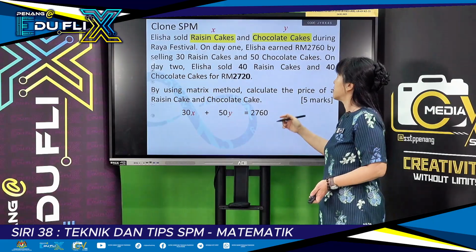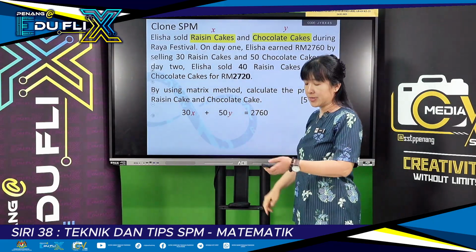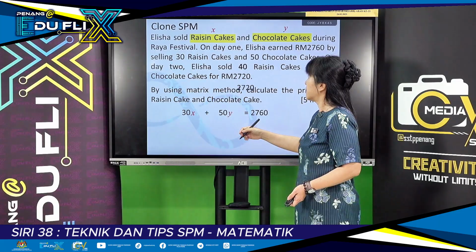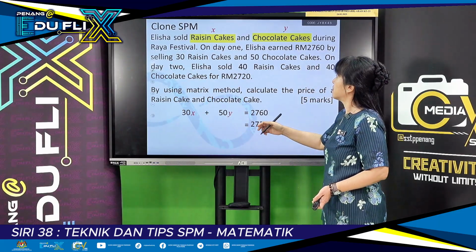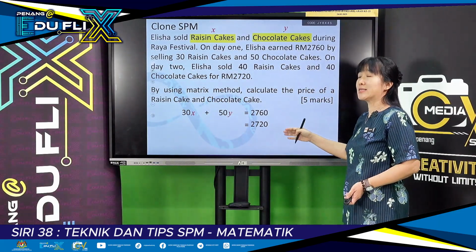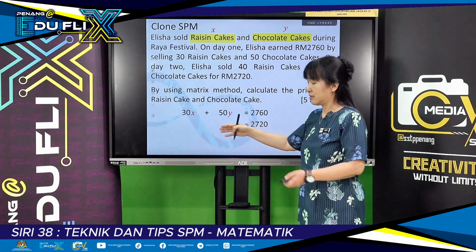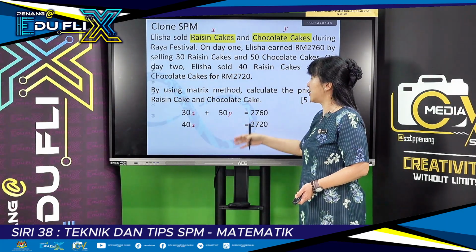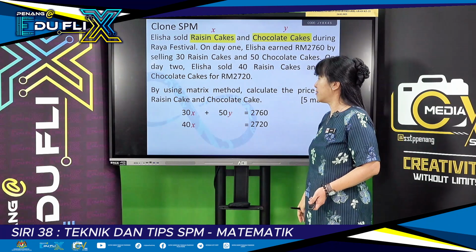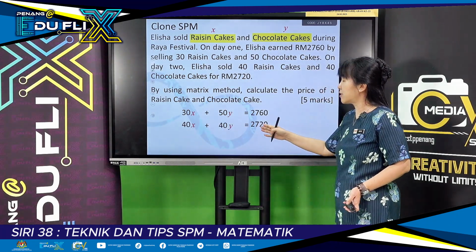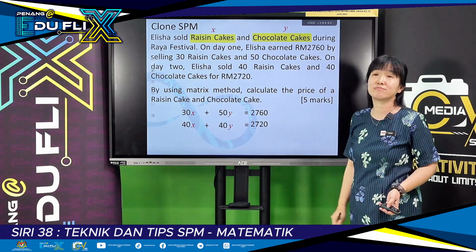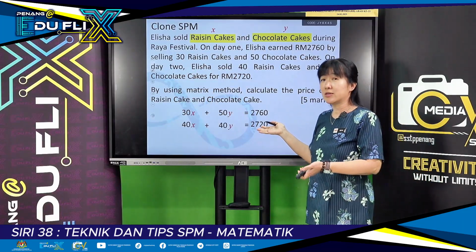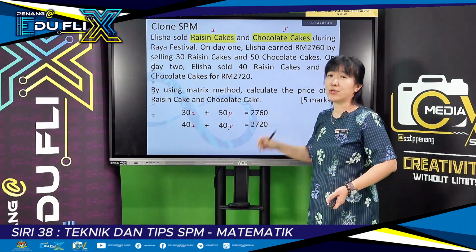The second equation will be formed from the second information. Elisa earned 2,720 on the second day. So this is 40x plus 40y equals to 2,720. Now we have already made two linear equations.